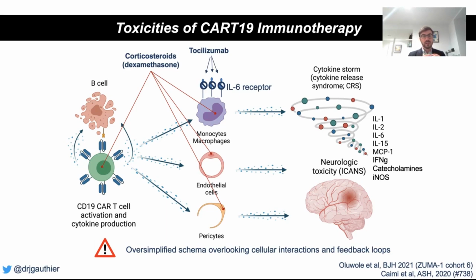After this interaction, there is release of cytokines that in return activate stromal cells and myeloid cells like monocytes, macrophages, or endothelial cells, which release additional cytokines, and that causes a generalized inflammation with fever and systemic symptoms that can include hypoxia and very low blood pressure that can require intensive care unit admission.